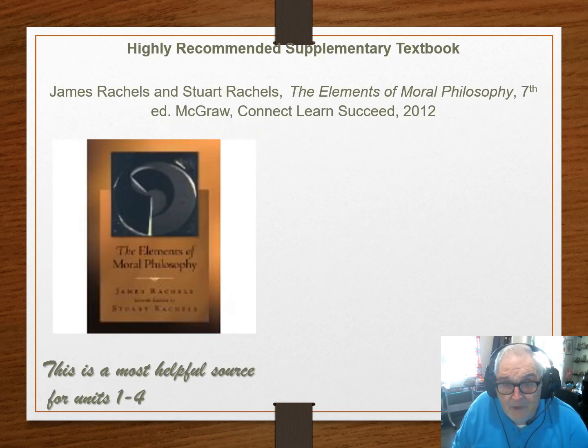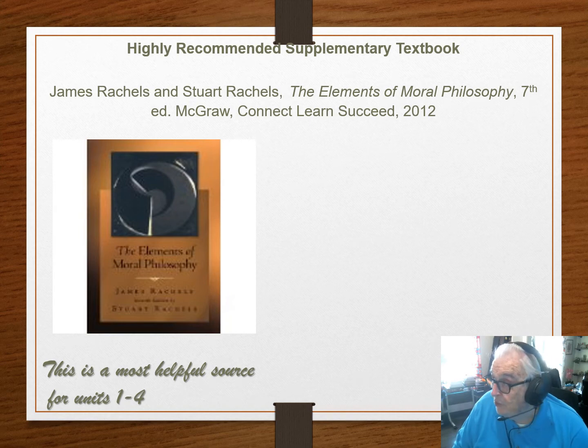A highly recommended supplementary textbook, James Rachels and Stuart Rachels, The Elements of Moral Philosophy. This book is now in its 7th edition. Father and son wrote it. It is a most helpful source for units 1 through 4.